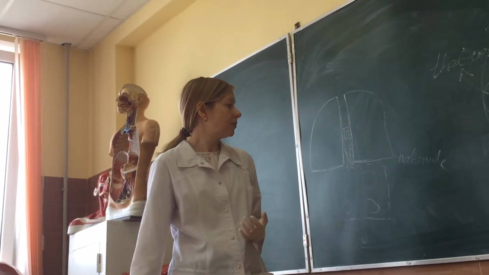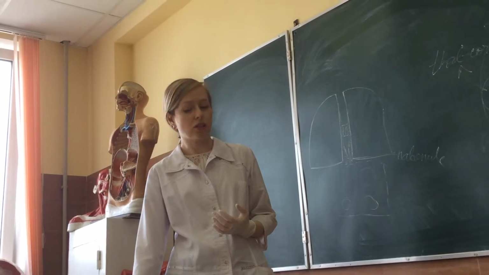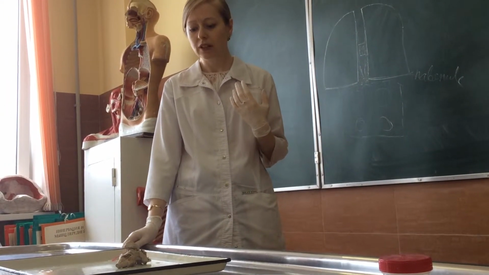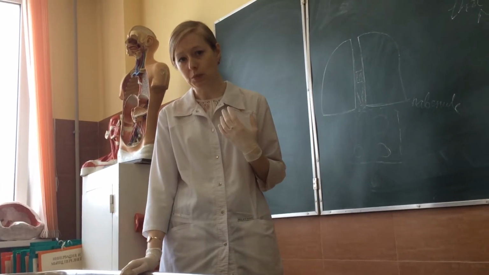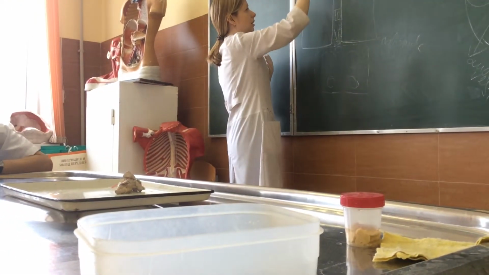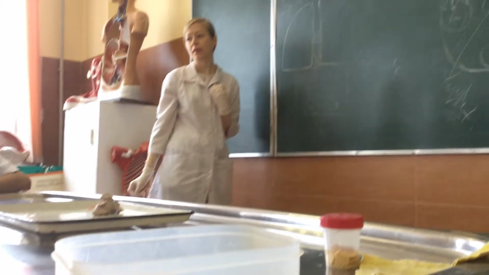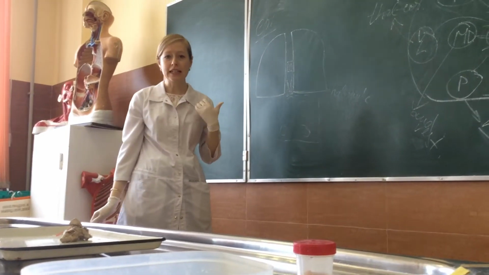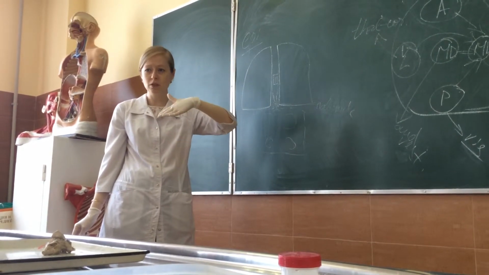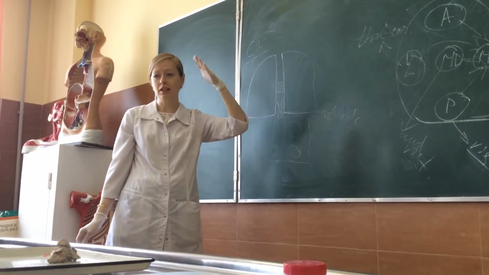Then another part of the dorsal diencephalon is the epithalamus. What does epi mean? Above. Like the epidural space, which is above the dura mater, between the bones, vertebra or skull, and the dura mater.